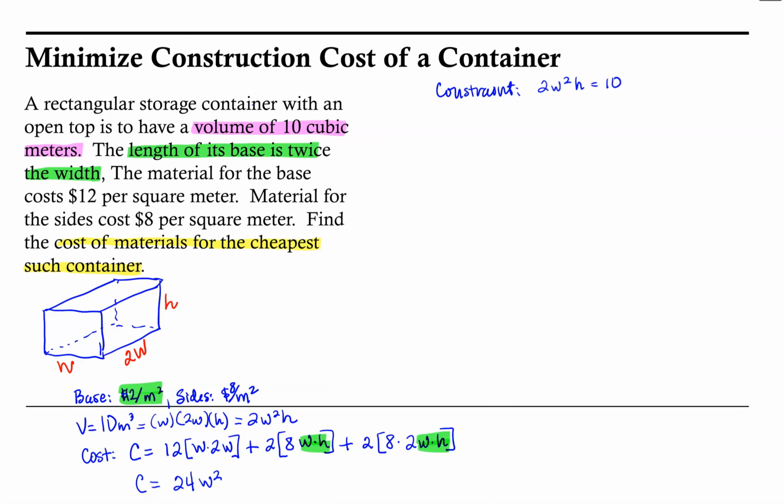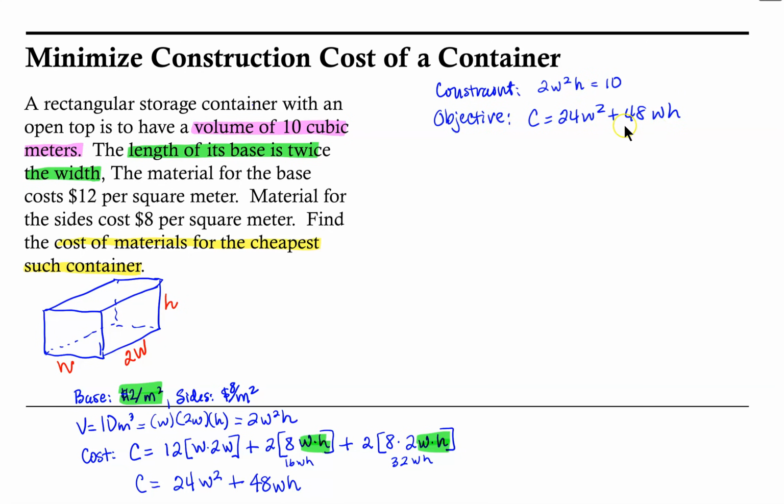We've got 16WH, and we have 16 times 2, or 32WH from the third term. So 16 plus 32 is 48WH. So our objective function is going to be C equals 24W squared plus 48WH.